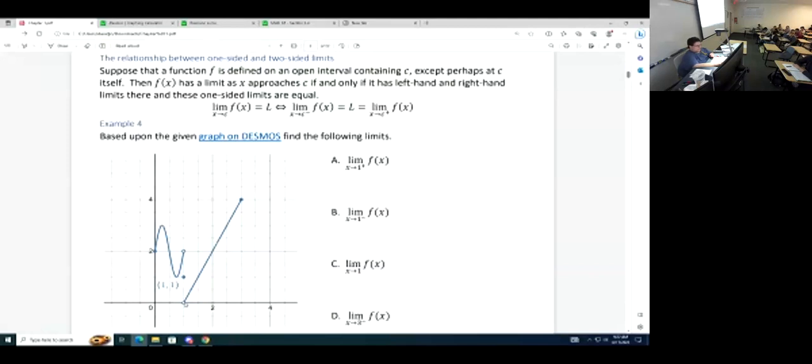And if we look at it as it is approaching from the left side, we follow this squiggly path here. As we're getting closer and closer to x equals 1, it looks like y is approaching 2. So for part C, the limit as x approaches 1 of f of x does not exist.